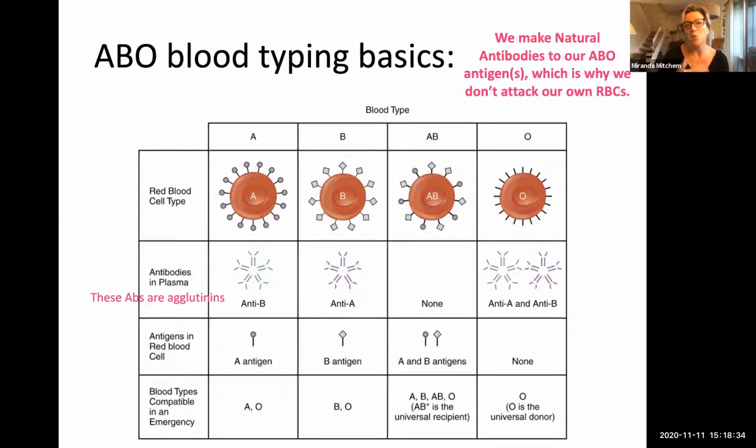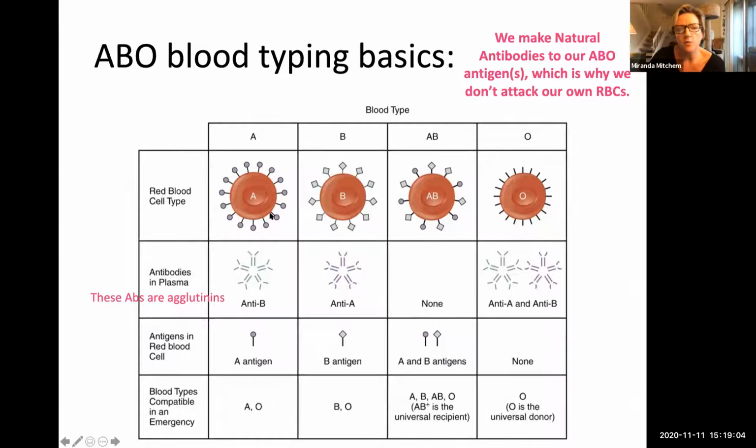Well, this is how we learn how not to respond to our own red cells, to the carbohydrates that are on there. So when a person has blood type A, they have in their blood anti-B antibodies. These are not the natural antibodies. These are agglutinins. So that means that there's going to be a reaction.